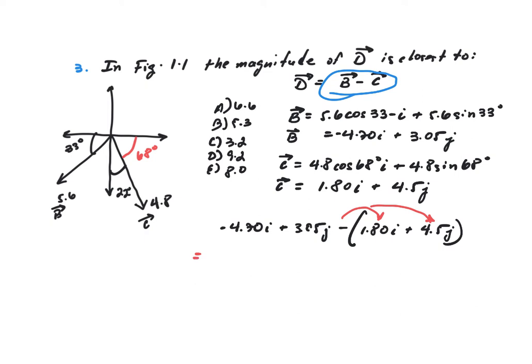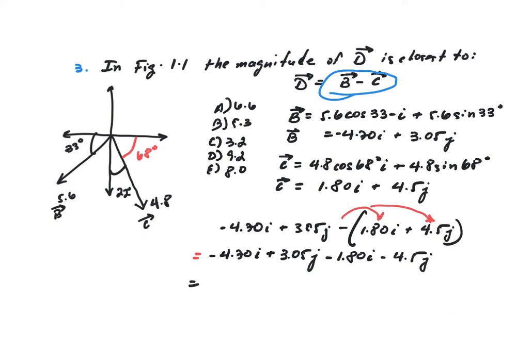So when we do that, we get negative 4.7 I plus 3.05 J, negative 1.80 I, negative 4.5 J.